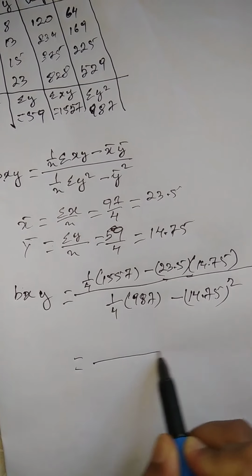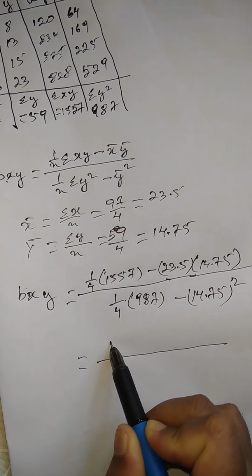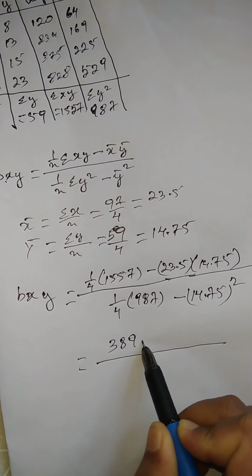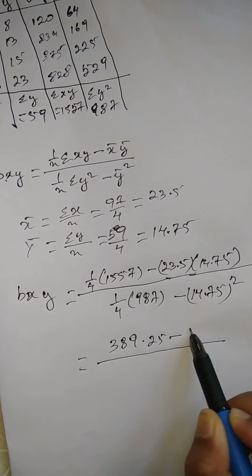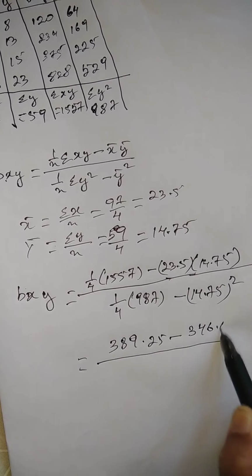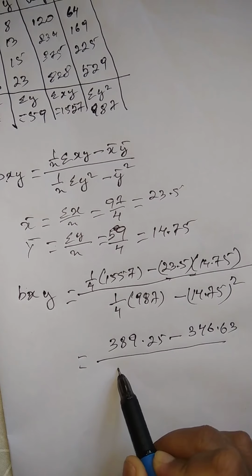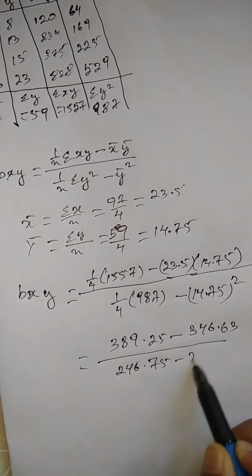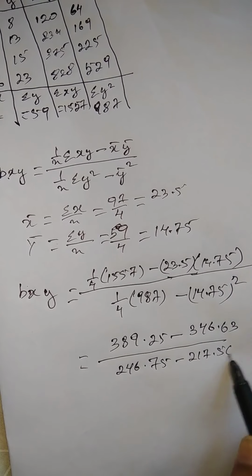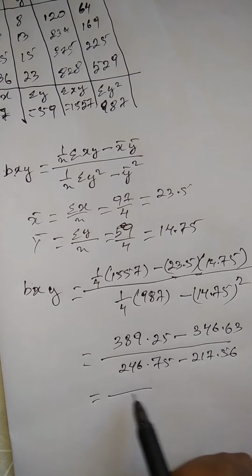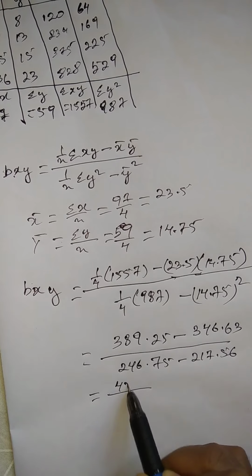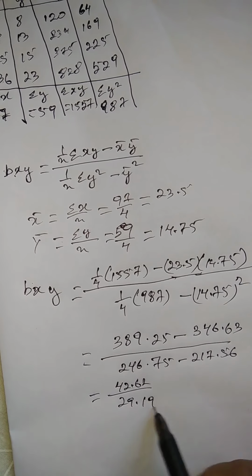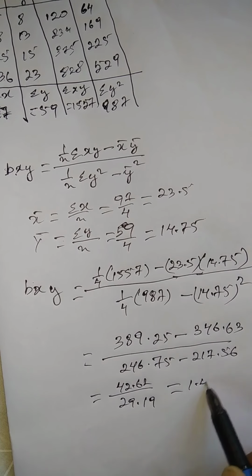Which will be equal to 389.25 minus 346.63 by 246.75 minus 217.56, which is equal to 42.62 divided by 29.19, which is equal to 1.46.